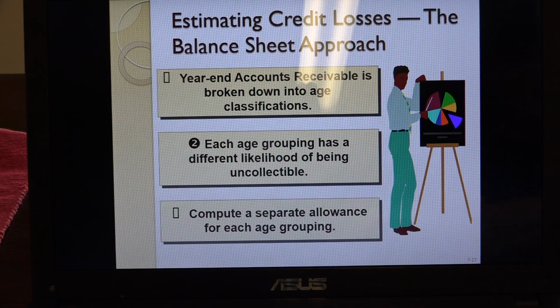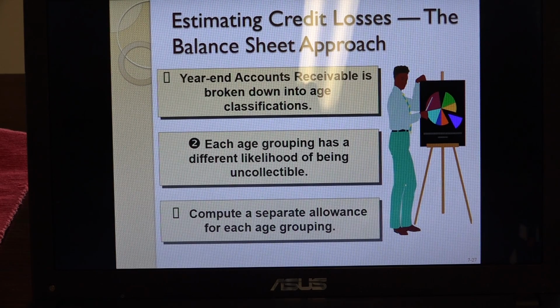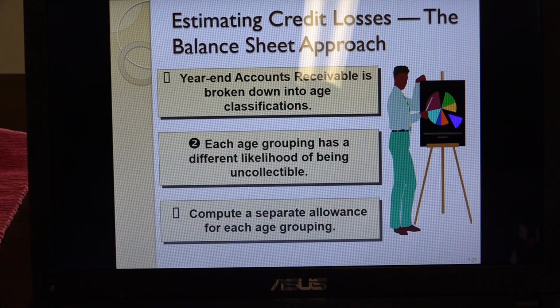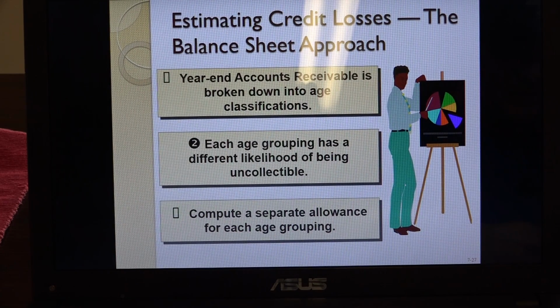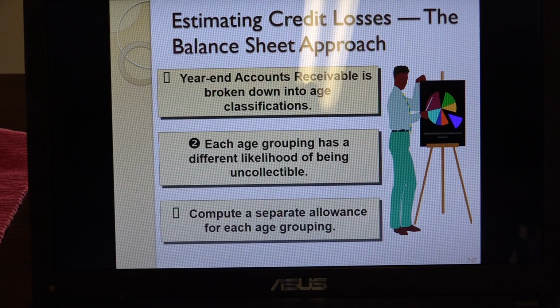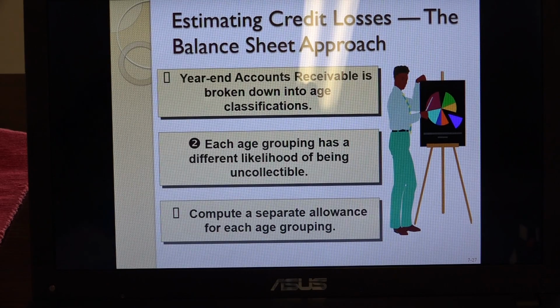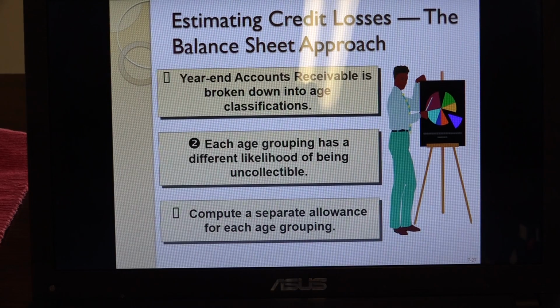So basically what you do is you can look at the totals in those columns and know that in the current column you're going to collect probably 98%.